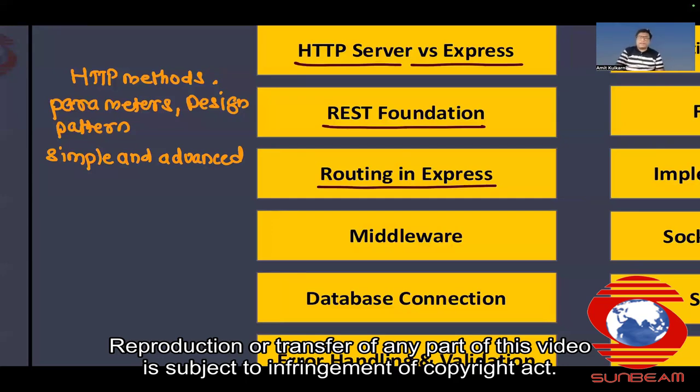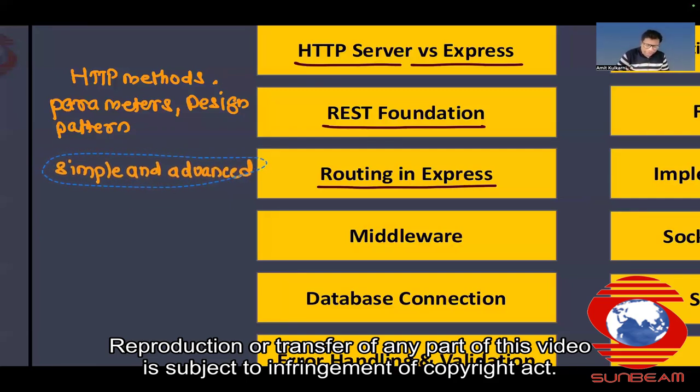These are called dynamic routing. These are important things in Express. This is the routing part of it. Without routing, you cannot write even a hello world application in Express. Express works solely on this topic called routing.